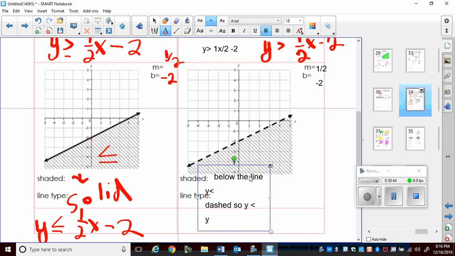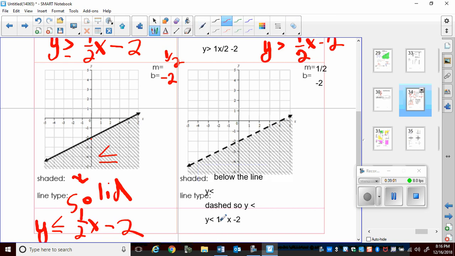When I write my equation, I have y is less than 1 divided by 2 times x minus 2.